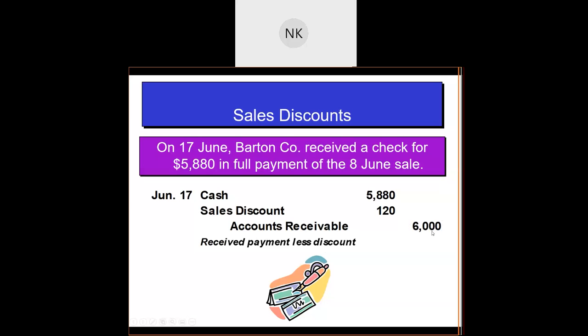What I mean is the customer does not have any amount due anymore to you, because they received the discount. So please don't forget, this is 6,000, not 5,880. So not the cash amount that you receive.